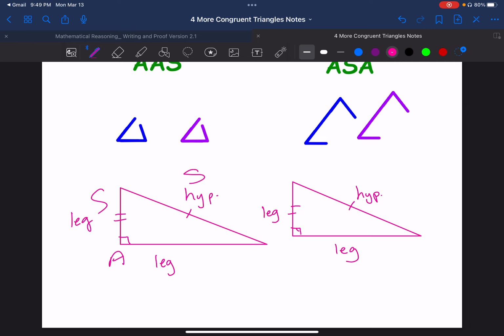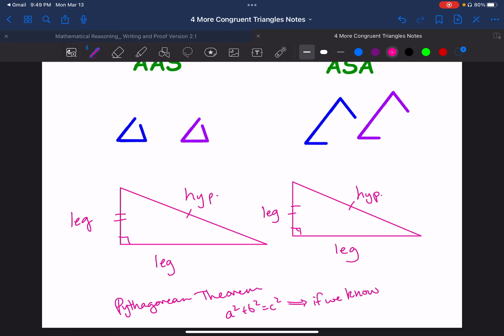Technically, it is, but it's a very special case because we know about this really cool thing called the Pythagorean theorem that states that a squared plus b squared equals c squared, which means if we know 2 sides of a right triangle, then we know the third.